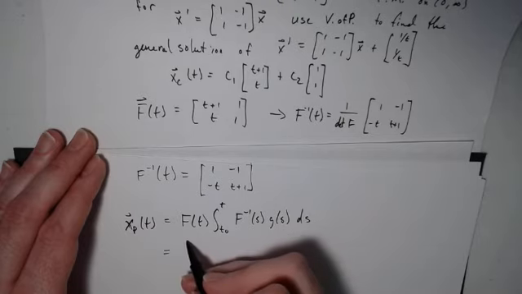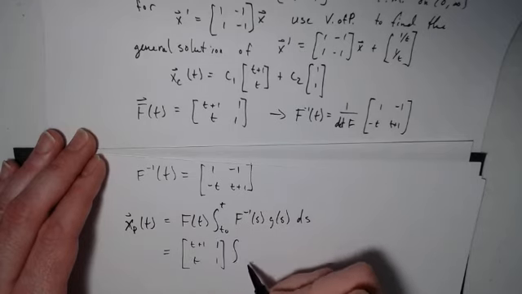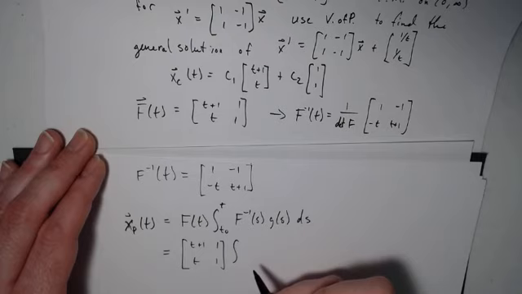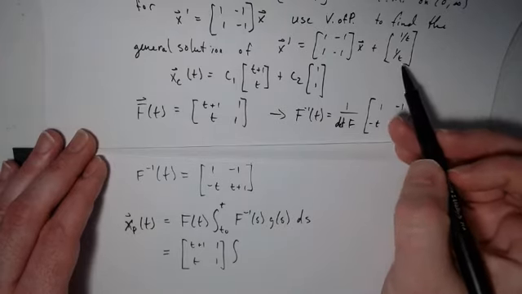And in this particular case, that is t plus 1, 1, t, 1, the integral from, let's see, looking through here, we can't start it at 0. 0 doesn't work because we've got stuff like 1 over t.